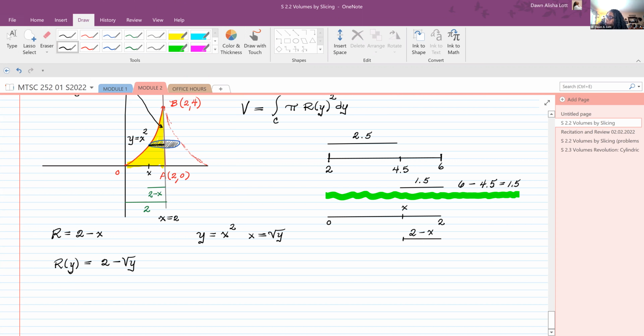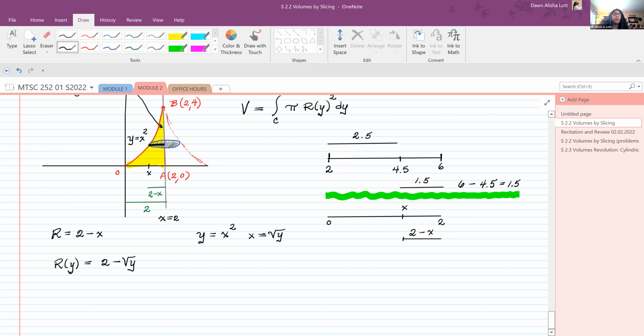So that's how long this line is right here. I choose a y, and when I choose a y, it has a fixed x. That length is 2 minus the square root of y, because I only want that little piece.